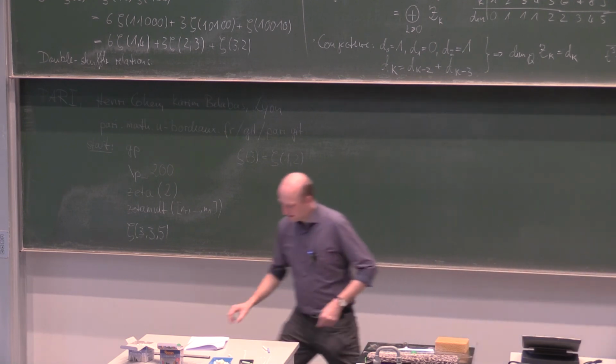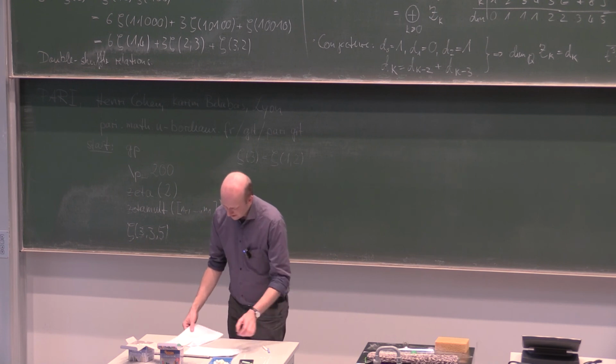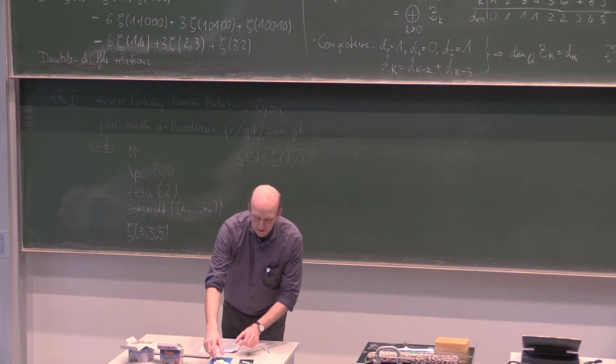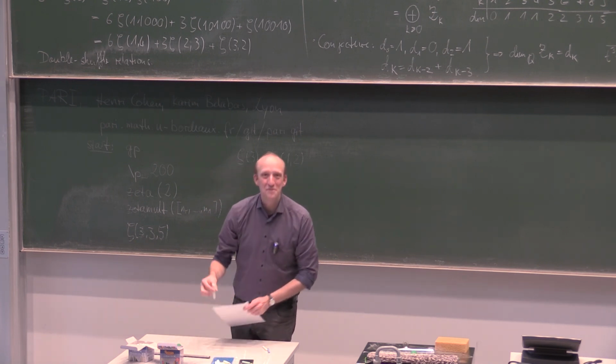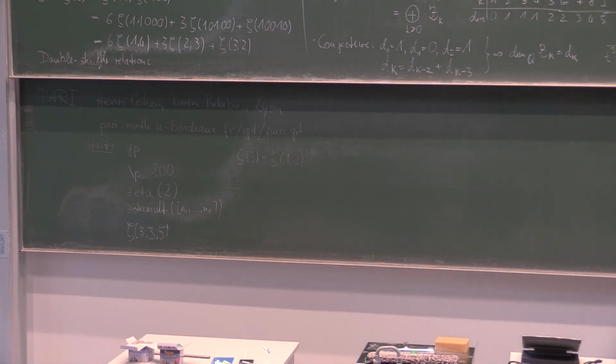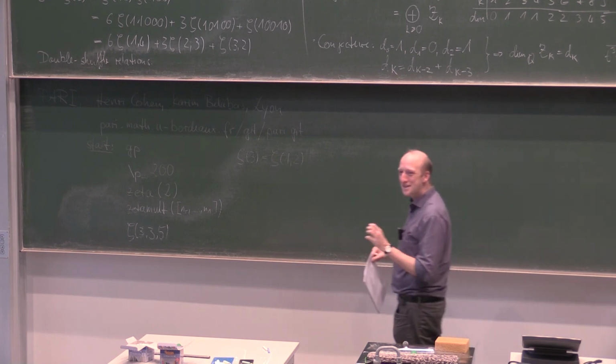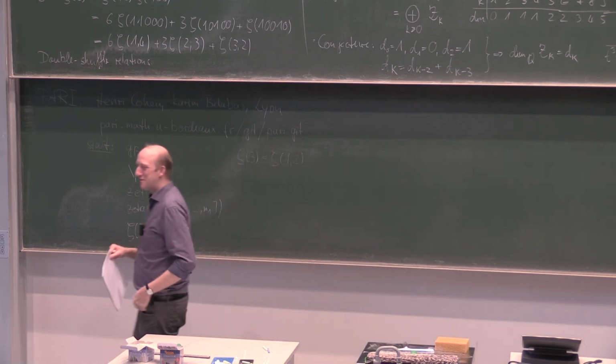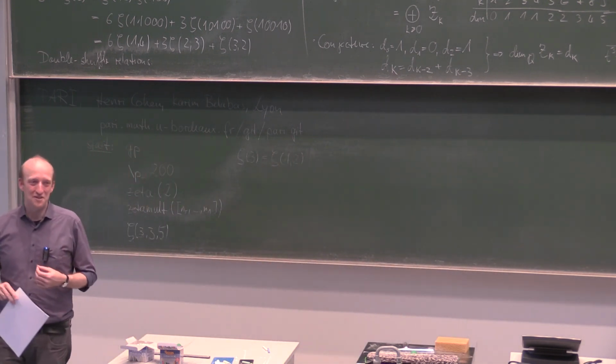I will write down one last for you, and I will ask Jenny, the secretary, to send you a number. And this number is a rational combination of these zeta values. And while I'm going to introduce the concept of how to deal with those numbers and how to actually find out what linear combination of multiple zeta values it is, I will do that on Wednesday.